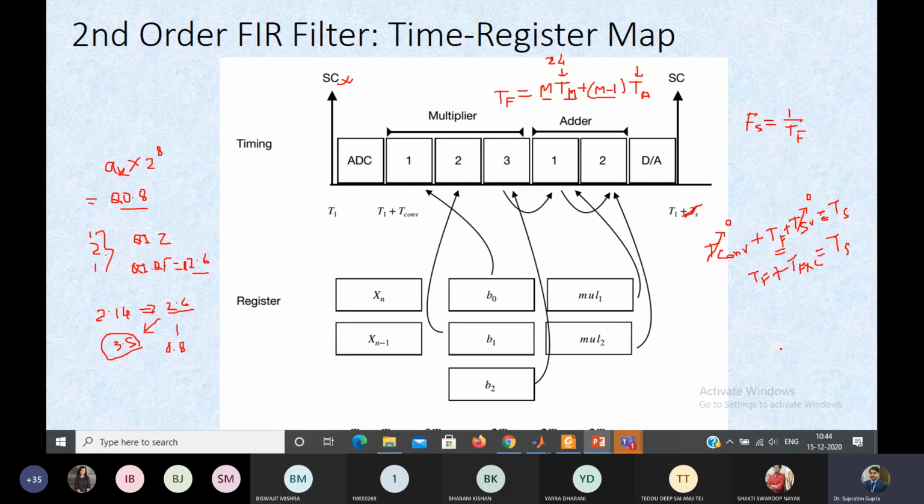So we have taken care of the computational accuracy with the help of fixed point computation, and the stability issue with the second order cascaded structure, right? And the timing issue, actually we cannot change it as such. What we can do instead is specify the maximum input range that the system will work for.